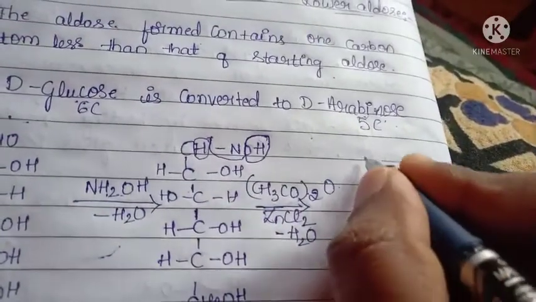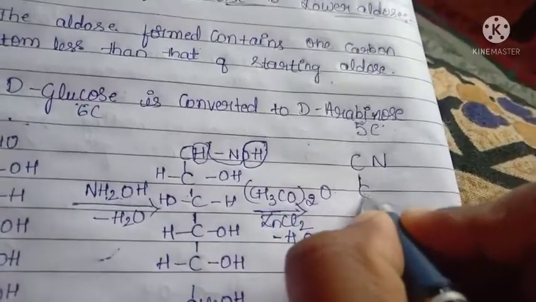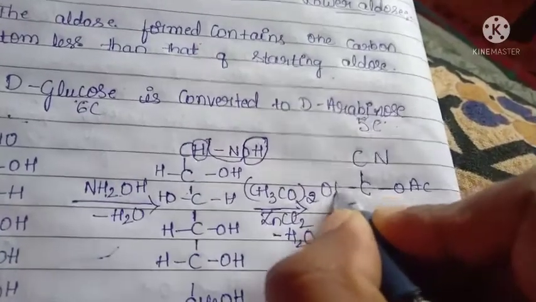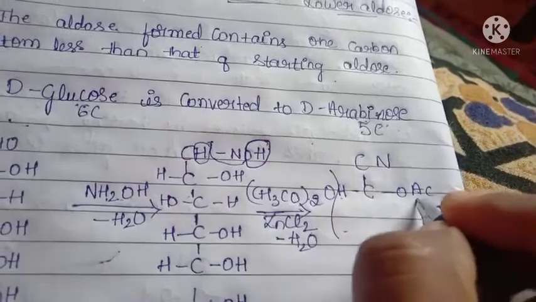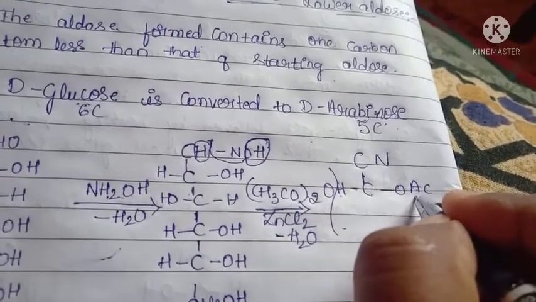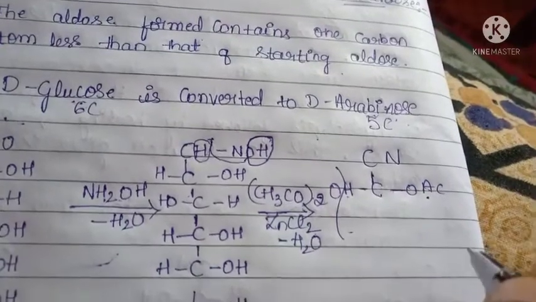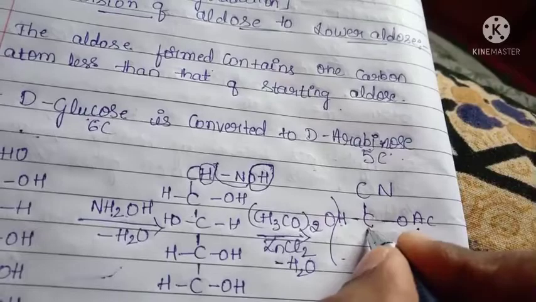Then here CN is formed, then OAc. Okay, here you don't get any confusion. Ac means acetate group, that is CH3CO group.